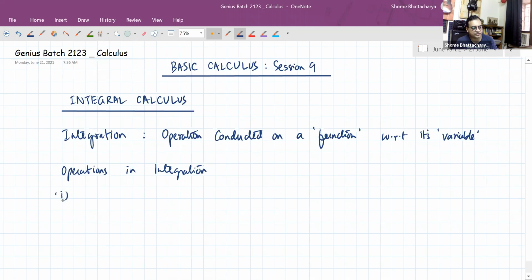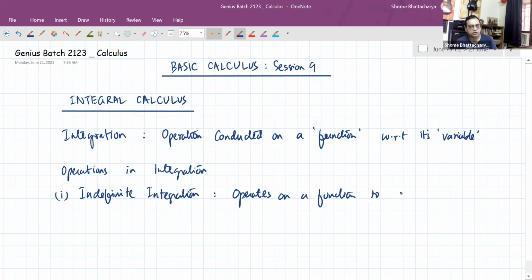The first is called indefinite integration. So by definition, indefinite integration operates on a function to give what is called its antiderivative. So you'll understand what antiderivative means.